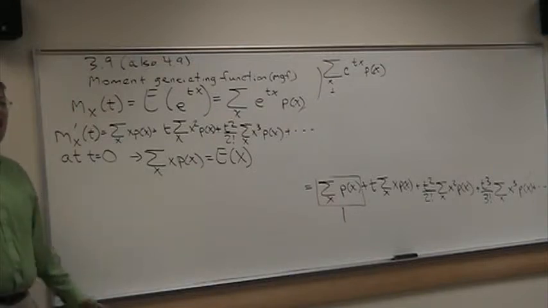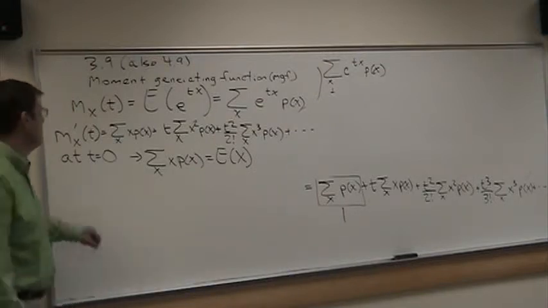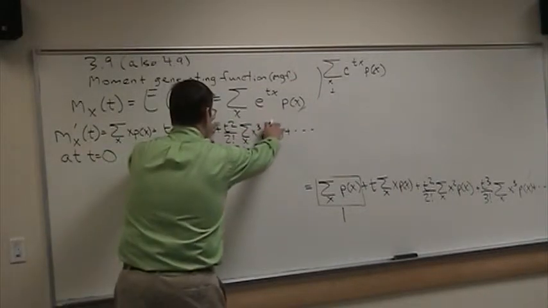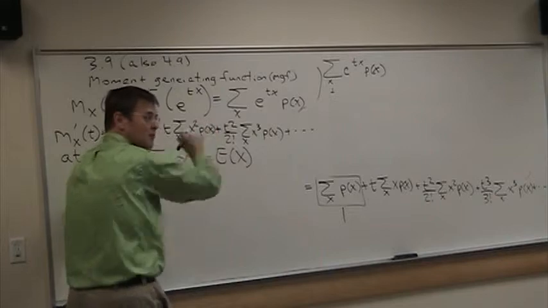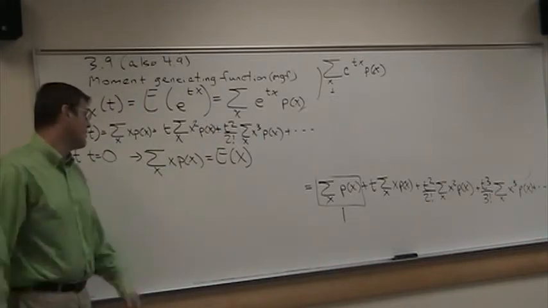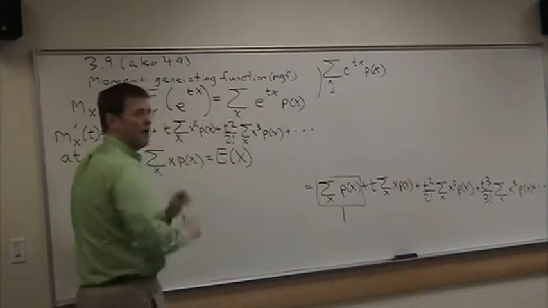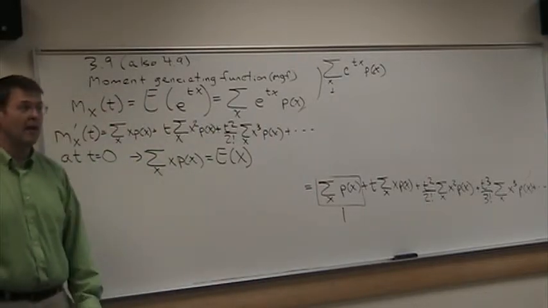So if you were to take the second derivative, this term's going to drop out, and each one of these summations is going to move another spot to the left. And then when you set t equals 0, the only thing that's going to be here is that part. Okay?